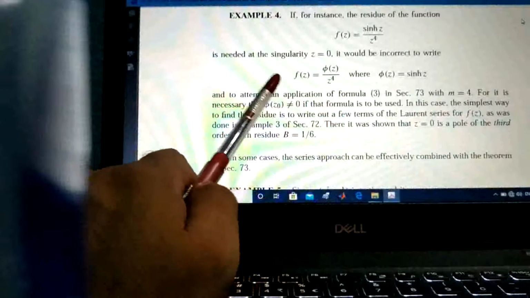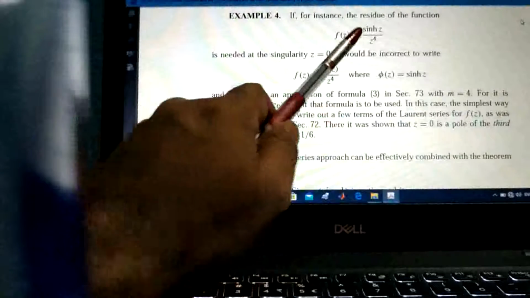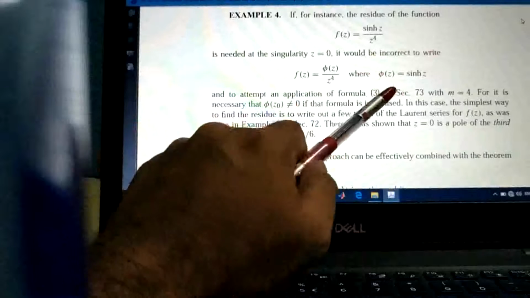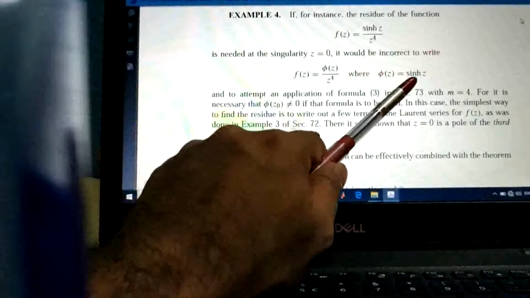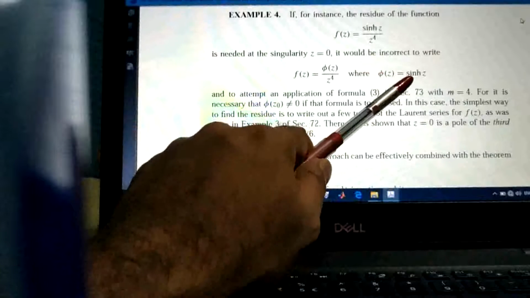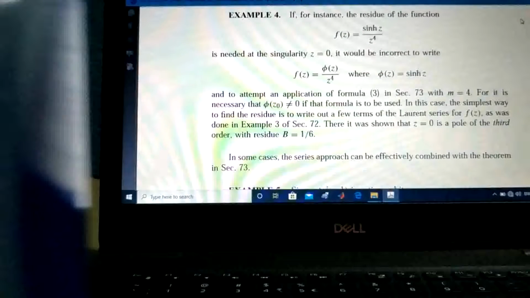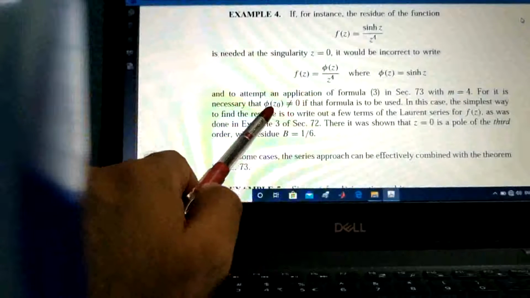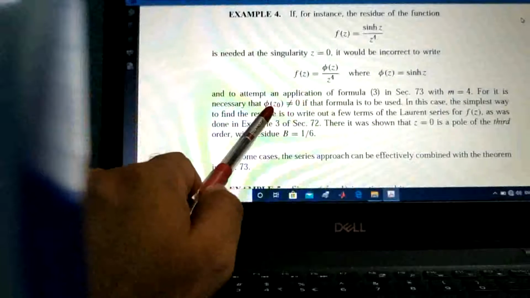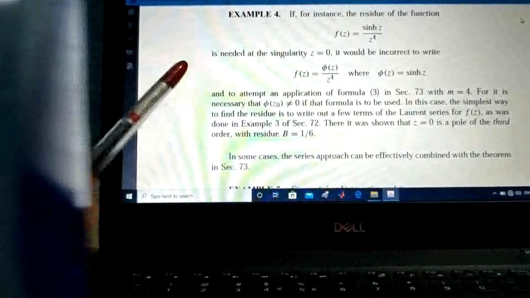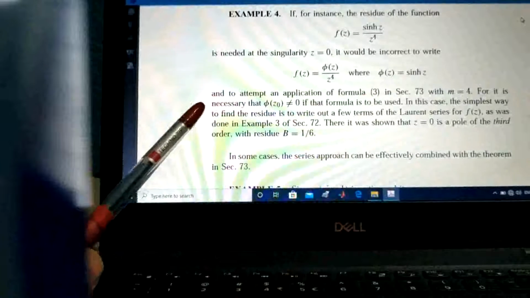And the fourth example, we can simply also discuss that z minus 0 whole to the power 4 is here. So if we choose phi of z as sine hyperbolic z, sine hyperbolic z is completely analytic. It is an entire function, and phi of 0 is also non-zero.